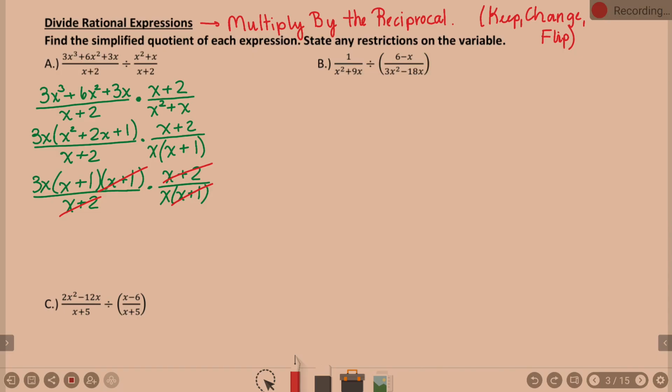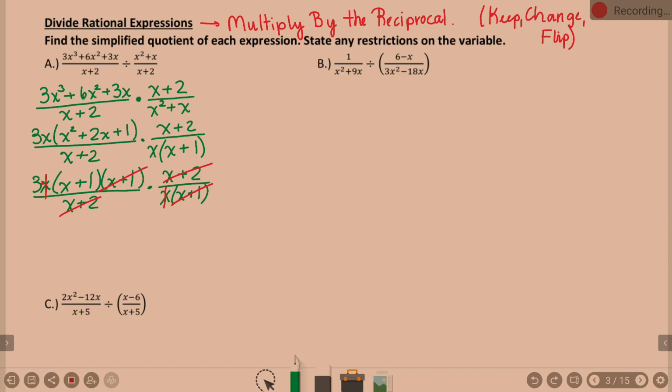The x. You remember yesterday, I think we had one that was 4x, and I said think of that as 4 times x. That's the idea here. This is a 3 times x, okay? And you can break up multiplication. That's 3 times x, or just 2 factors. So if that's 3 times x, an x cancels with an x. Okay, that 3 is still there, but the x is canceled.